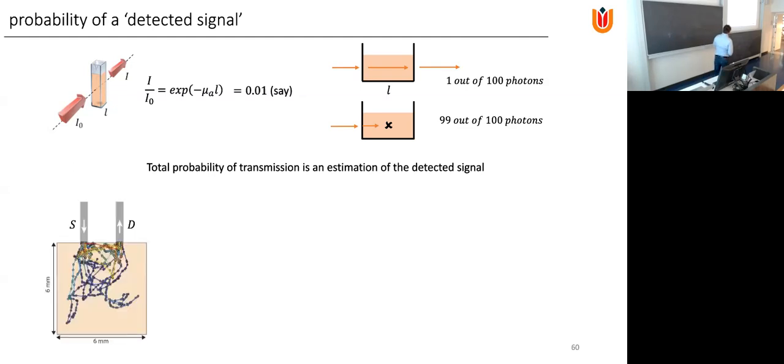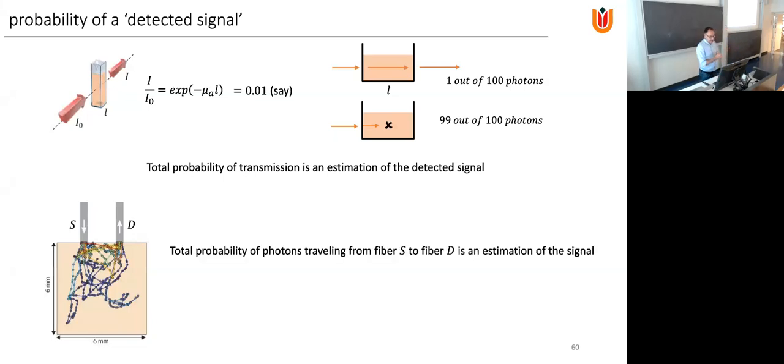Now, of course, this was a pretty straightforward situation. If we have a somewhat more complicated situation, for example, a piece of tissue in which we place 2 fibers, one that launches light and one that detects light, the question is, what can I expect to measure in fiber D in such an experiment?